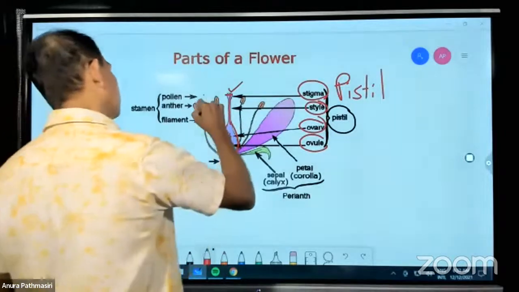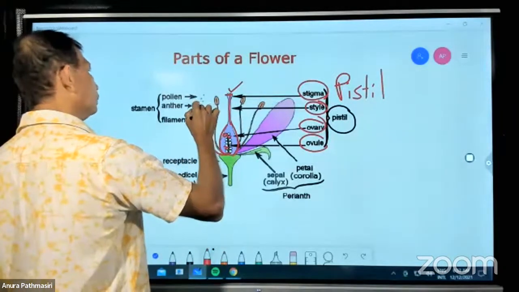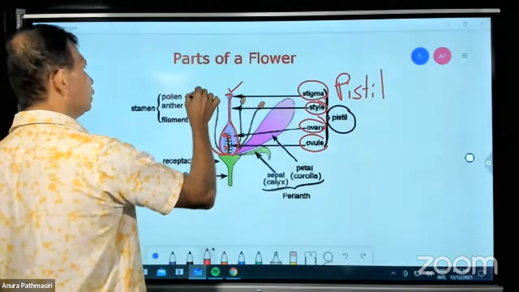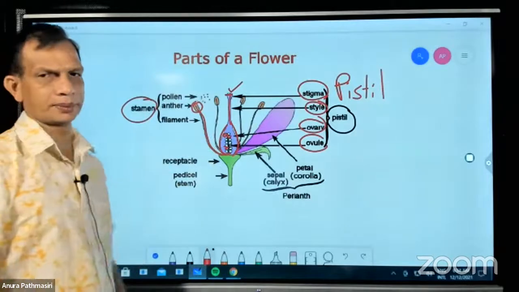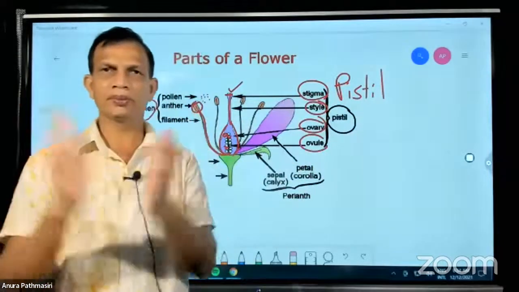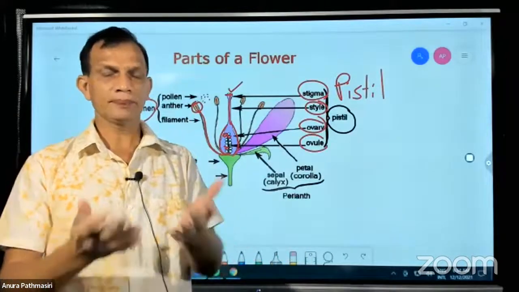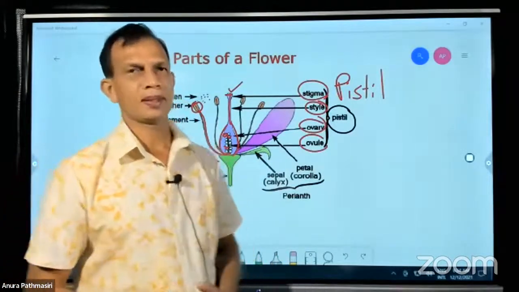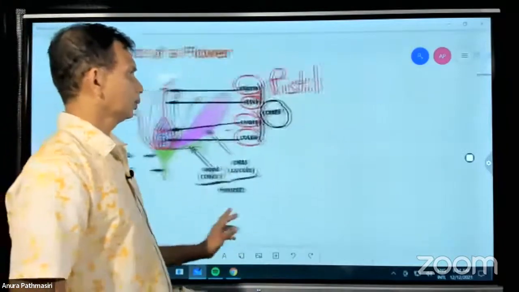And filament, anther and pollen grain, that we call a stamen. Pistil and stamen are both available in the same flower.